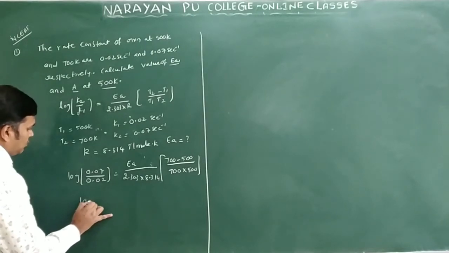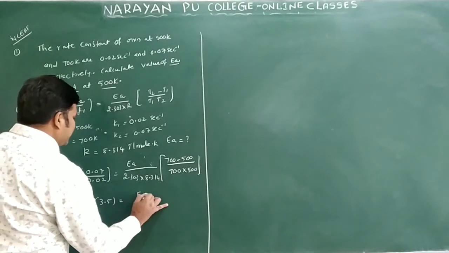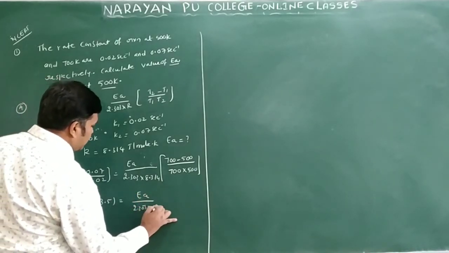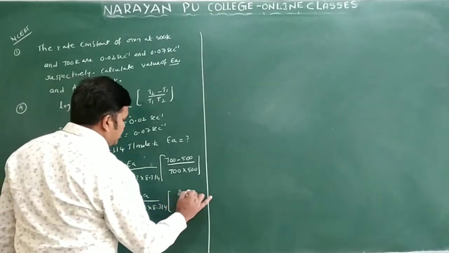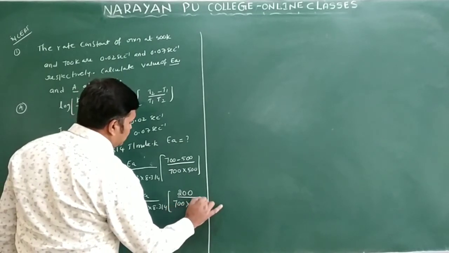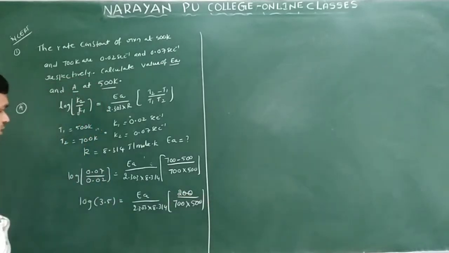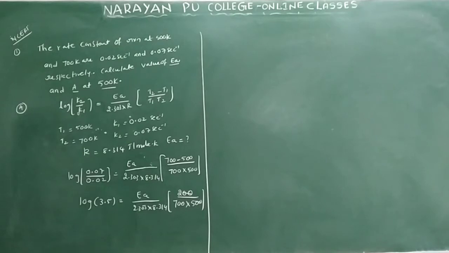So log 3.5 is equal to EA by 2.303 into 8.314 into 200 by 700 into 500. You can cancel the zeros. Now the value of log 3.5 is 0.544.